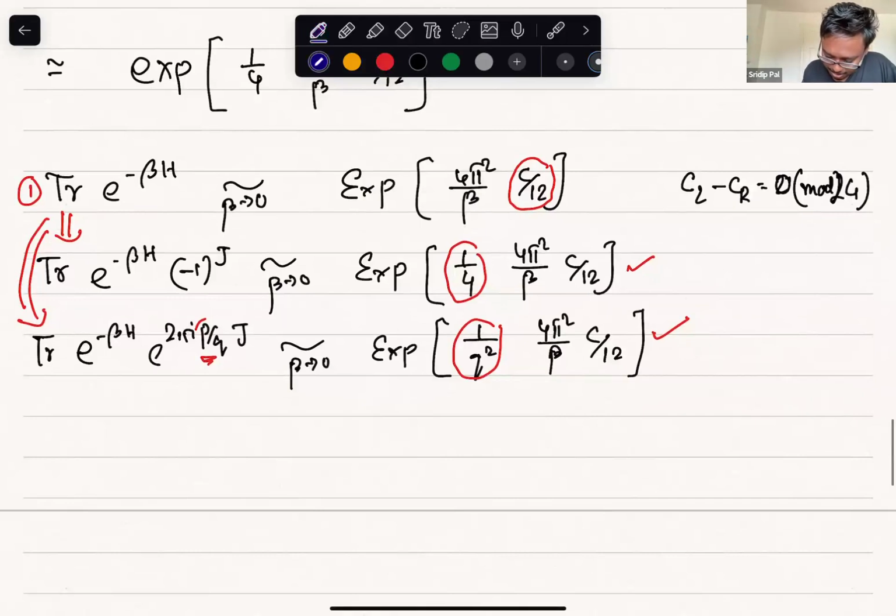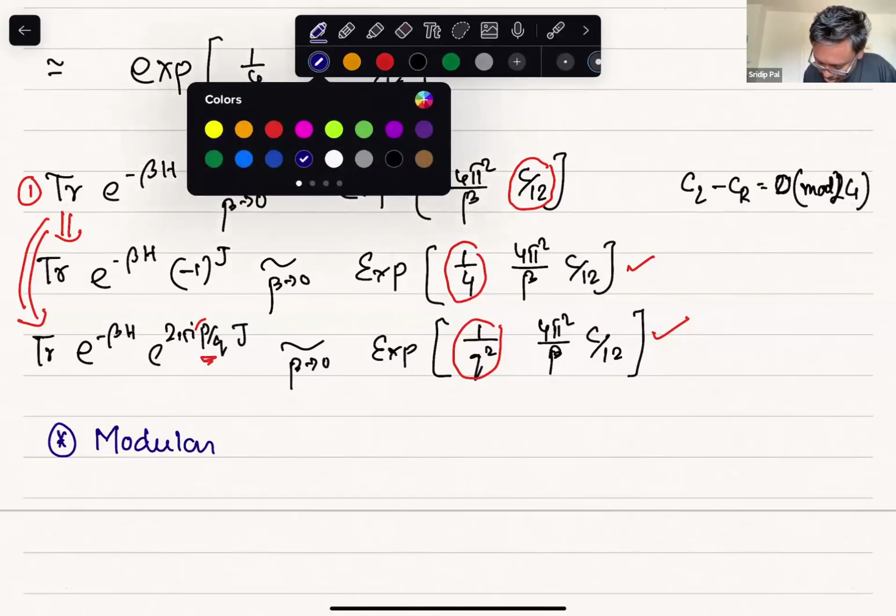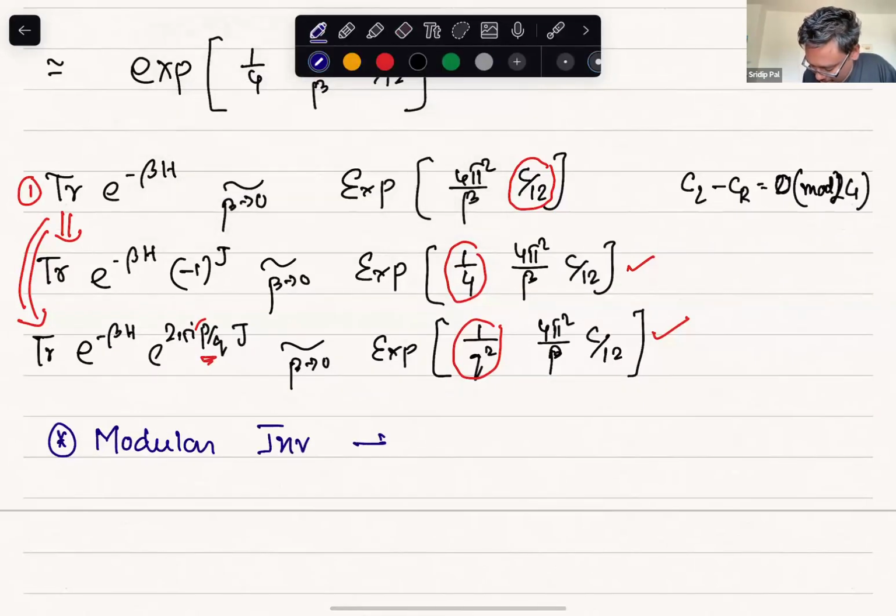So the upshot is that the modular transformation, or rather modular invariance, gives you a huge sense of universality.